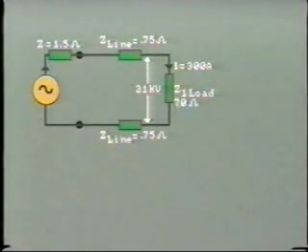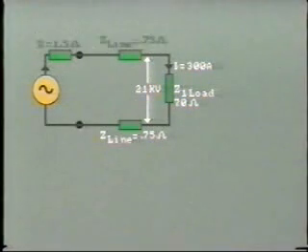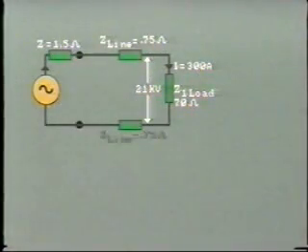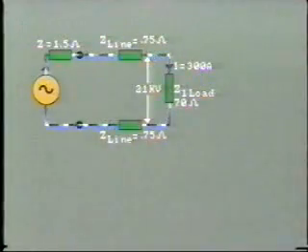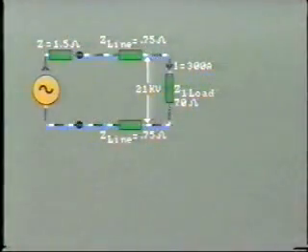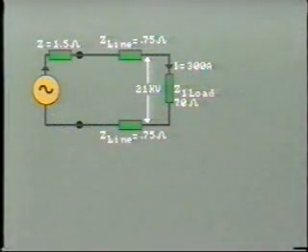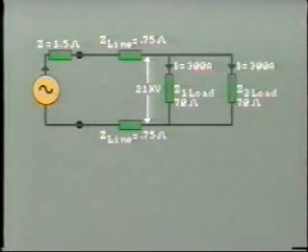Observe that the load impedance is far greater than the generator and line impedance. The return line also has the impedance of 0.75 ohms, and the current, 300 amps, circulates continuously in this closed single-phase circuit. Now let's see what happens when we add further load. Let's say this is also of 70 ohms, and of course it will be in parallel.